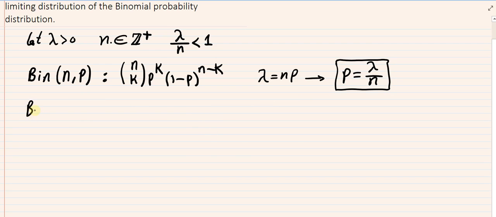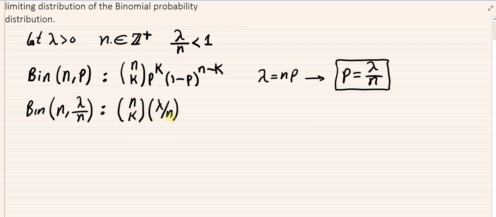Therefore, my binomial now has parameters n and lambda over n. The probability distribution for this is going to look like so. It's going to be n choose k, and then p, which is lambda over n, to the power of k times 1 minus lambda over n to the power of n minus k.